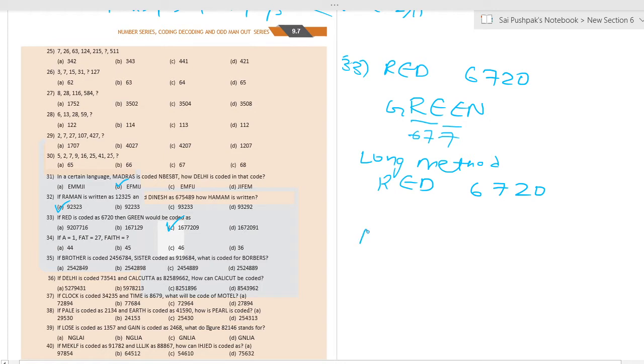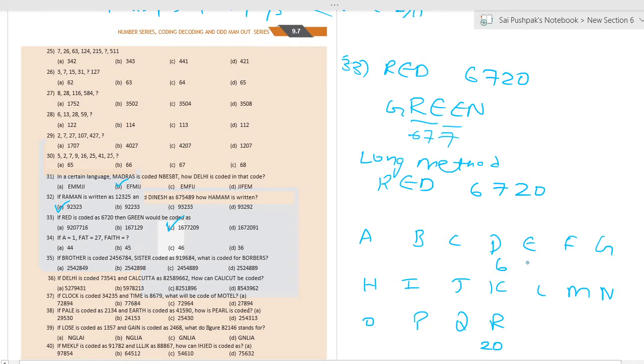If you observe the alphabets A, B, C, F, G, H, I, L, M, N, O, P, Q. If we take R as 20, we take D as 6 and E as 7, because D and E are together, we'll get R as 20 only.